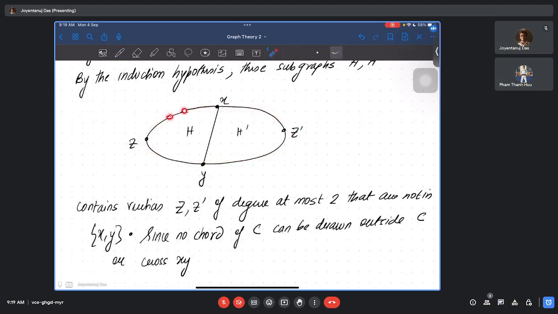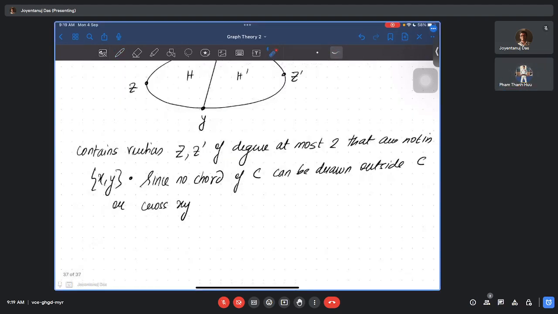It should have all the vertices because it is outer planar. So it cannot cross xy, and so this Z and Z prime are not adjacent, right?